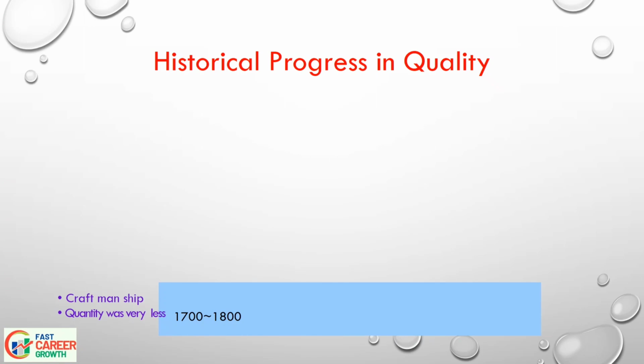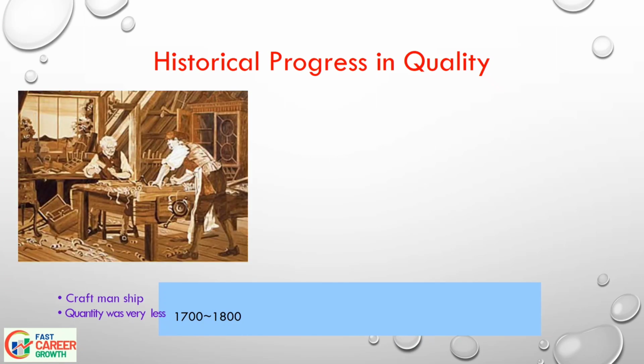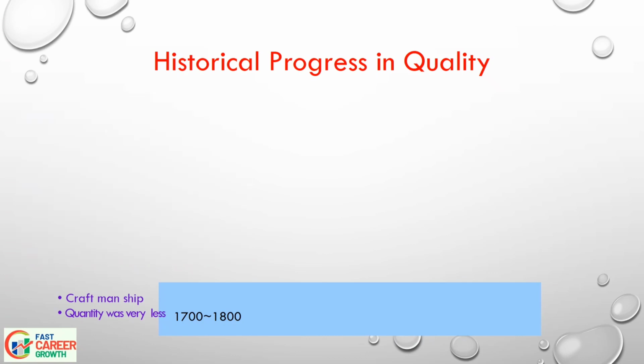In the 17th to 18th century, master craftsmen and their apprentices were responsible for designing and building products. Quantities of goods produced were small, and product quality was controlled by expert workmanship. Master craftsmen had a great deal of pride in their work, and quality was not a problem.